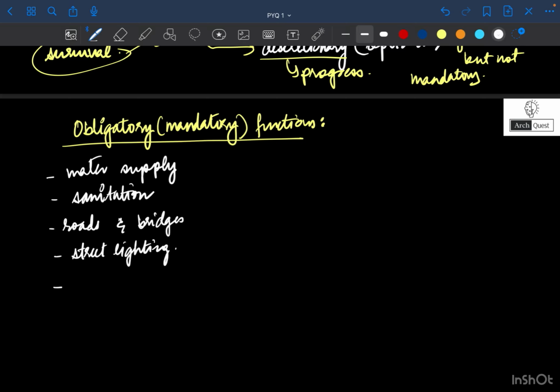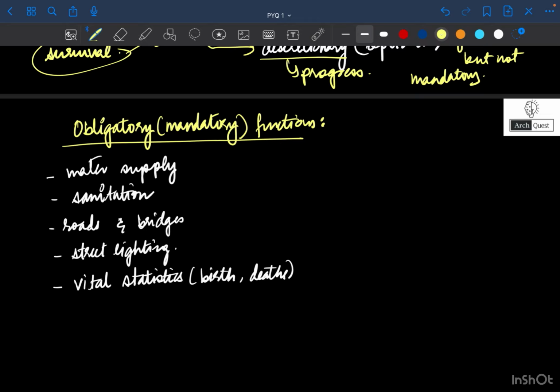They also have to register the number of births and deaths. I would name it as vital statistics: births, deaths. So these are a few examples of obligatory or mandatory functions.